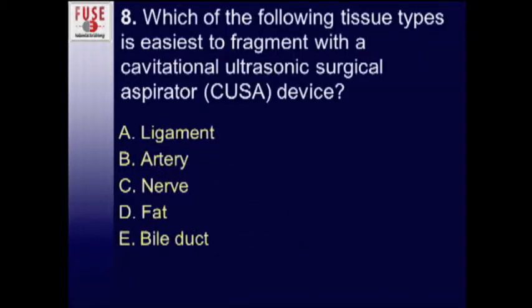Question number 8, which of the following tissue types is easiest to fragment with the CUSA device? Is it a ligament? Is it artery? Is it nerve? Is it fat? Or is it bile duct? Which of those is easiest to fragment with the CUSA?